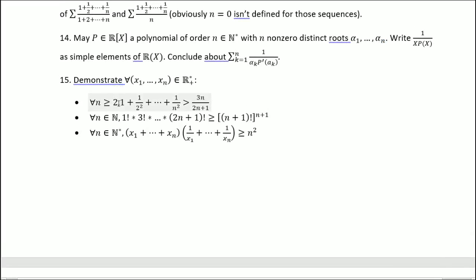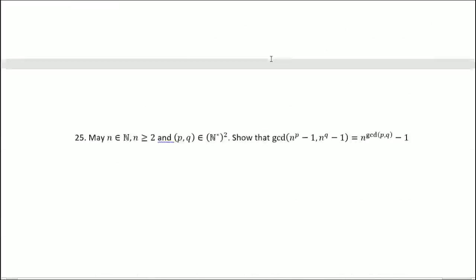So we have the sum of 1 over n compared to 3n over 2n plus 1, the product of these factorials, (2n plus 1) factorial, being superior to (n plus 1) factorial to the power n plus 1, and then the sum of the xn times the sum of 1 over xn being superior to n squared. So it's number 15. So let's scroll down.